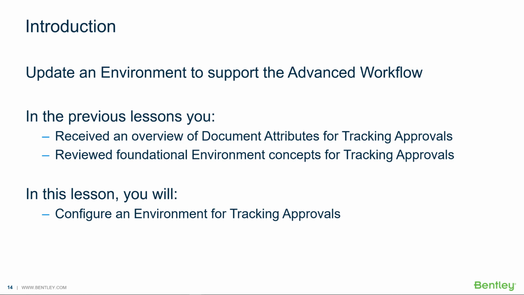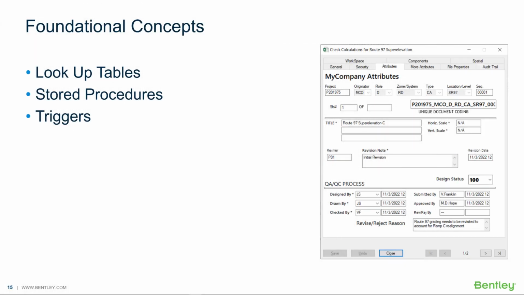In this lesson, we will use what we've learned so far to configure document attributes to track approvals. In this lesson, we will be working with three foundational concepts related to ProjectWise environments: lookup tables in the context of user information, stored procedures, and triggers. For more information on these topics, please view the previous video.